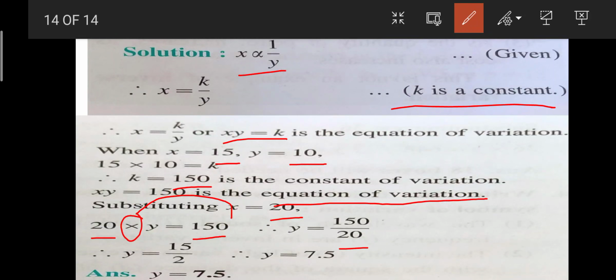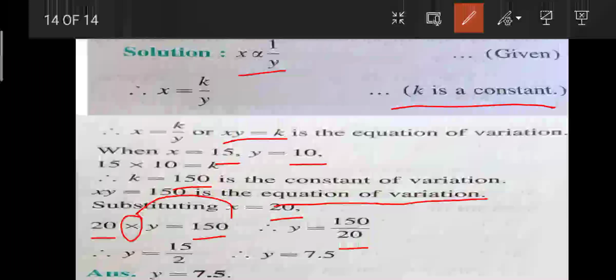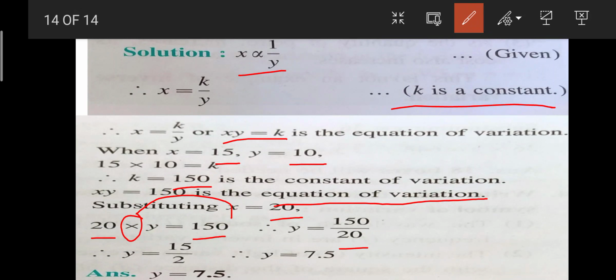So this is a rule of maths. So y is equal to 150 upon 20. The 0 will get cancelled. Now 2 sevens are 14, and we get 7.5. So y is equal to 7.5.